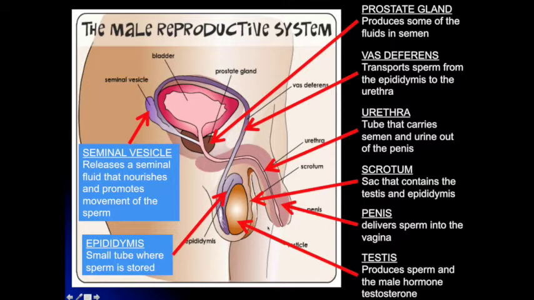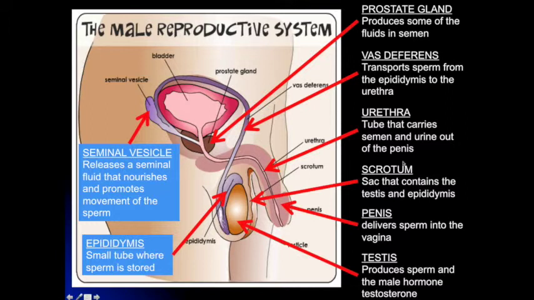And lastly, you have the penis, and it is the penis that delivers the sperm into the woman's vagina. So these are the different parts that make up the male reproductive system.